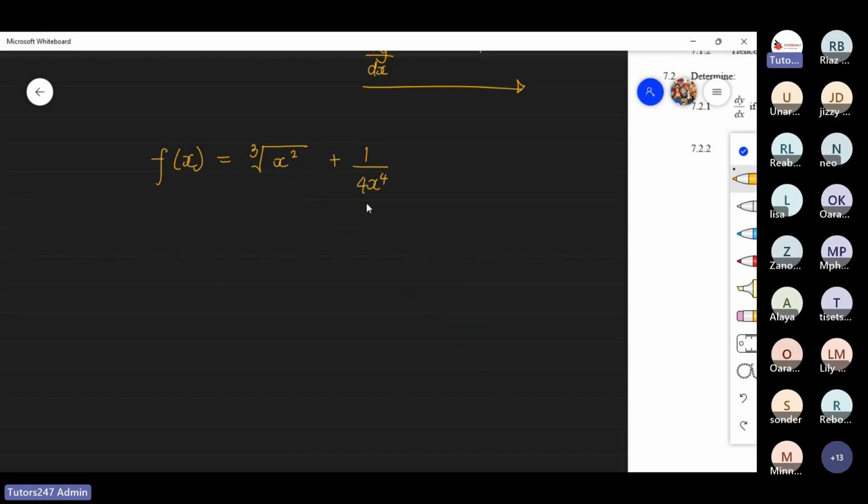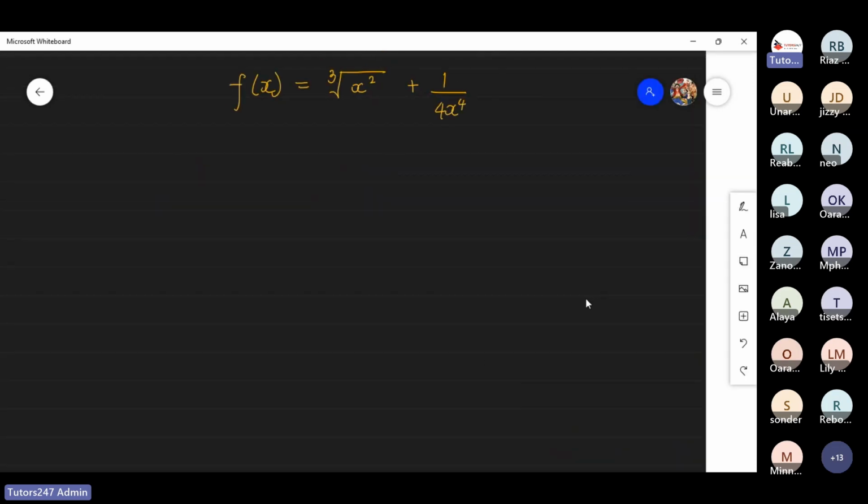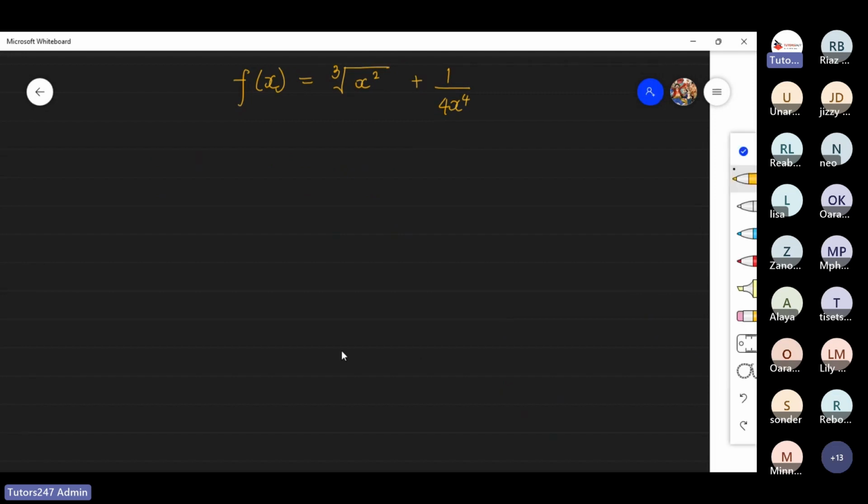Now from here, we need to first change the form before we can derive. Why? Because we cannot derive if we have a surd, nor can we derive if our variable is in the denominator. So we are not introducing f prime x because we are not deriving as yet.